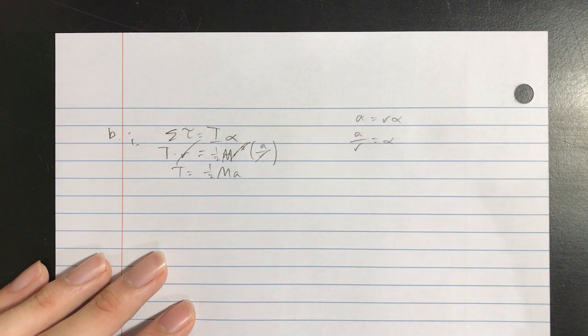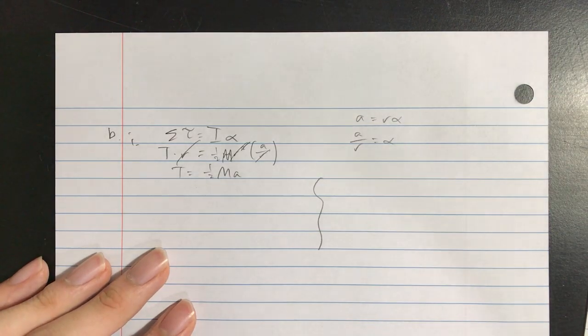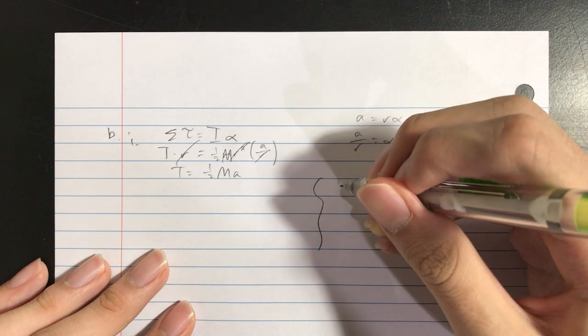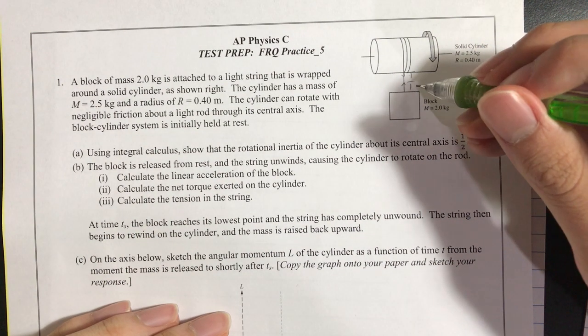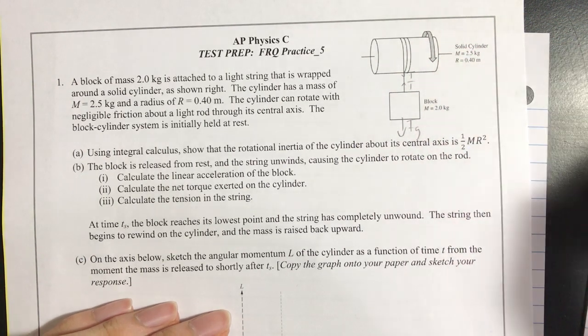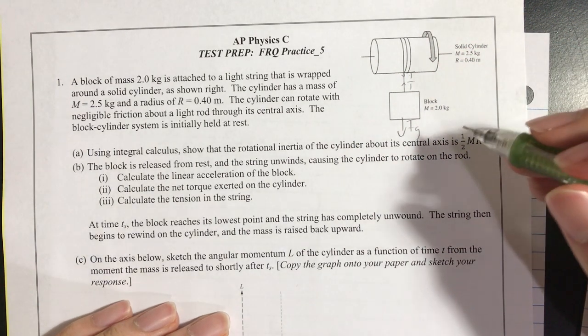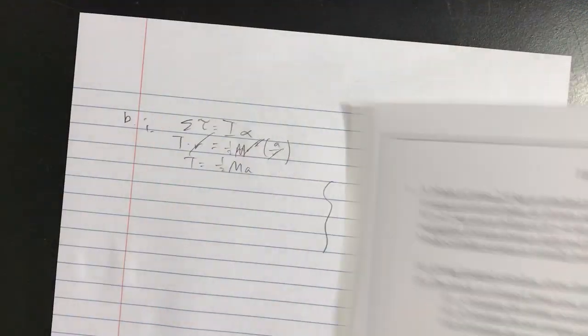Now, what is tension? We'll move on to the Newton side of the system. When we look at the block, there are two forces touching it: tension pulling it up, and force of gravity, Fg, pushing it down. Since the block is moving downwards, Fg is larger than the tension.